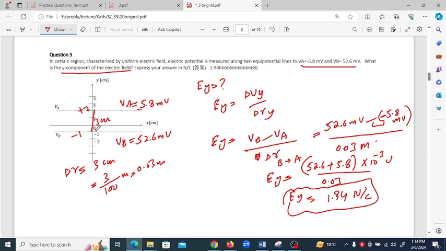The absolute distance from VA to VB is 3 centimeter, that is 0.03 meter. The potential difference is the final potential VB 52.6 minus the initial potential, minus 5.8 millivolt. Then we convert milli into 10 power minus 3, so that we get the answer in SI units, Newton per coulomb. Okay, thank you.